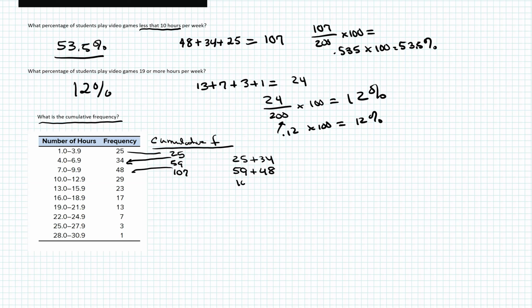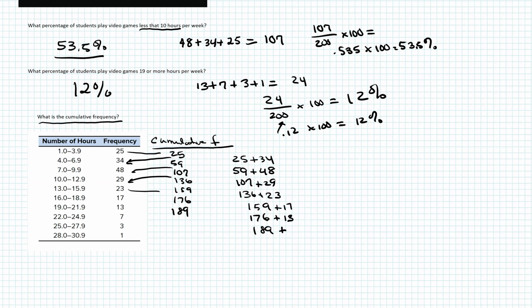This could be 107 plus 29 for the next one, 136. And it's going to be 136 plus 23. It's 159 is the next one. 159 plus 17 is 176. And it's 176 plus 13. It's 189.